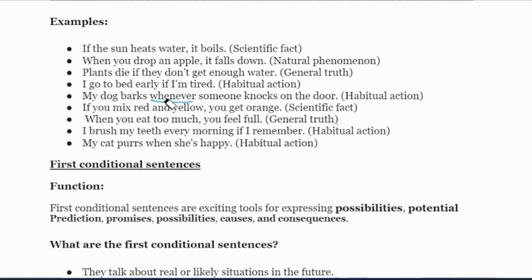That is called a zero conditional sentence when you use present indefinite on both sides. Look at it: the sun heats water, that is present indefinite; it boils. So you can check that all of these are present indefinite sentences, and this way you can make your zero conditional sentences.